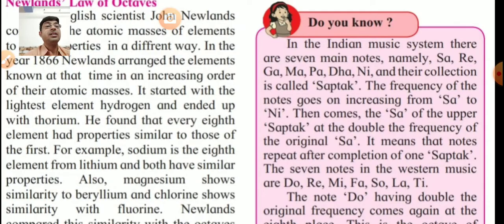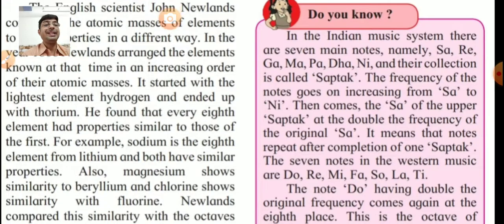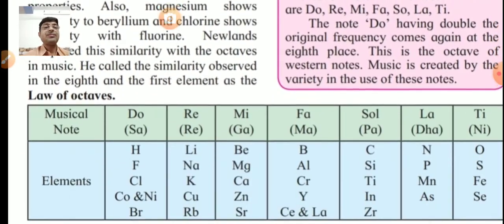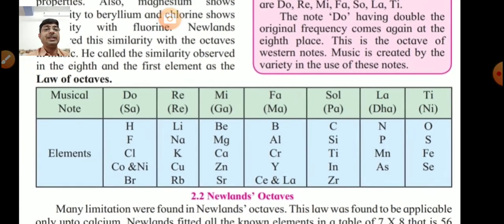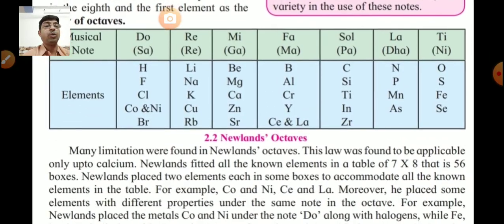It means that notes repeat after completion of one saptak. The 7 notes in Western music are indicated here by some letters. See in this table, Newland arranged the known elements in the form of octave.